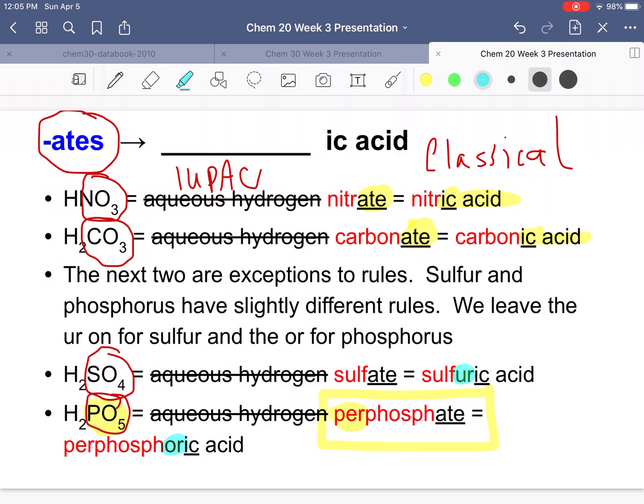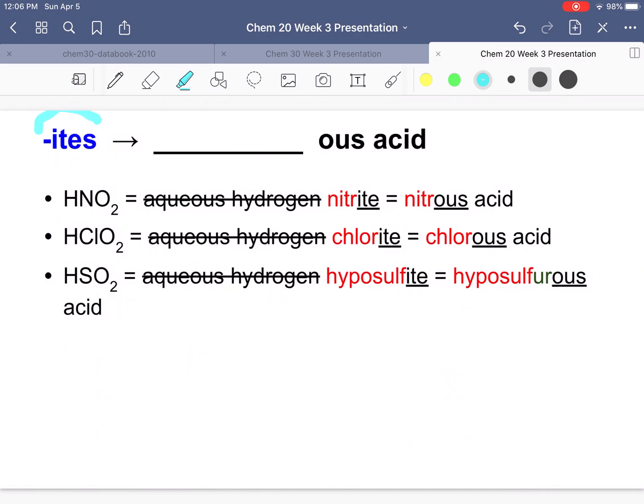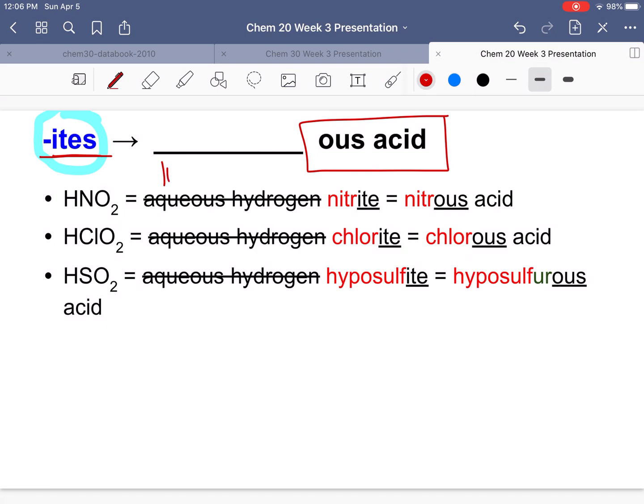Let's check out our last scenario. Not an ide ending, not an ate ending, but an ite ending. With ites, it gets changed into an us, O-U-S. Go back again to that IUPAC naming. IUPAC, that aqueous hydrogen is always going to be there. And then we name the anion, which in this case is nitrite. Remember what I was saying, ite ending.